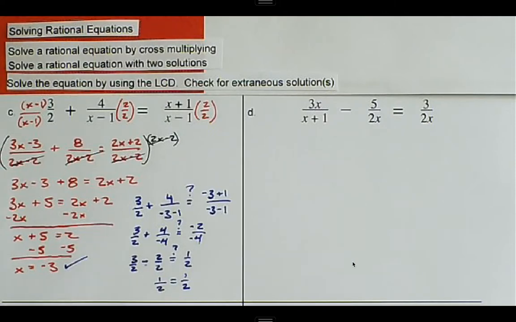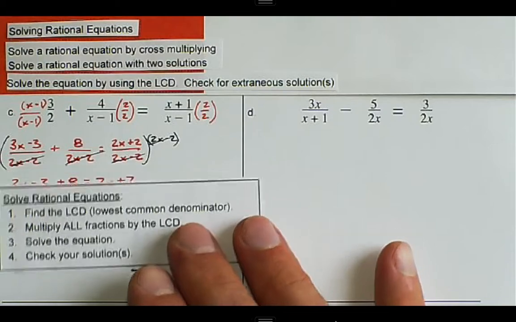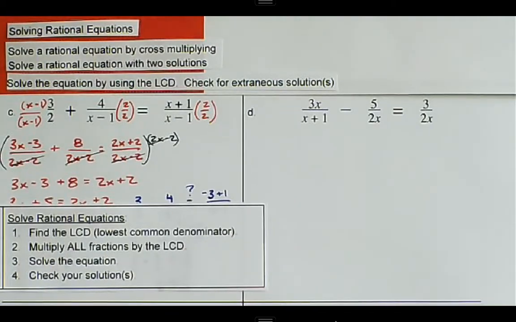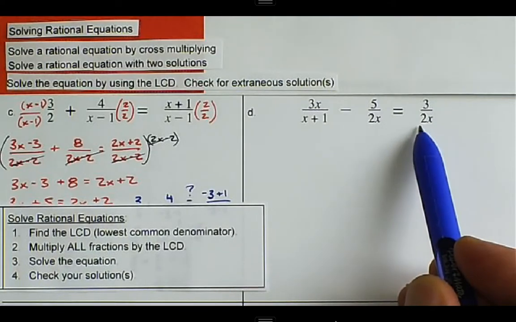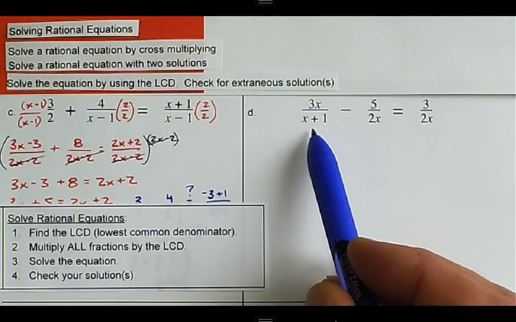And then we have our next example over here for D. We're going to follow the same pattern that we did before. We're going to find the LCD, multiply all fractions by the LCD, solve the equation, and then check the solution. Two of the fractions have 2x as the denominator, and one has x plus 1 as the factor for the denominator.